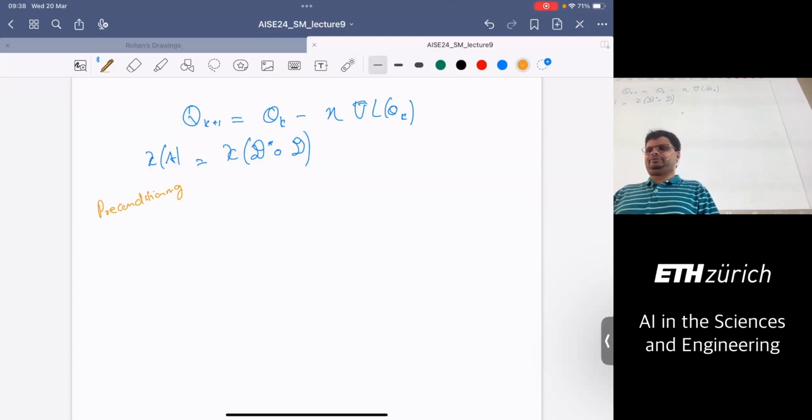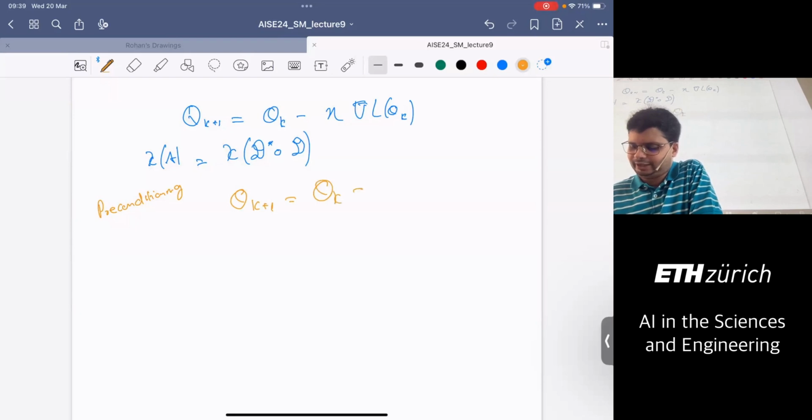If you want to invert a matrix by whatever numerical method, direct or iterative, and the matrix is poorly conditioned, if the ratio between its eigenvalues is very large, then it's harder to invert. So you multiply approximately with its inverse, invert that thing, and then remultiply. So preconditioning is a very simple idea. Essentially, all you have to do is rewrite gradient descent with eta times some J times the gradient of L. So you modify gradient descent by adding this preconditioner. This object here is called a preconditioner.